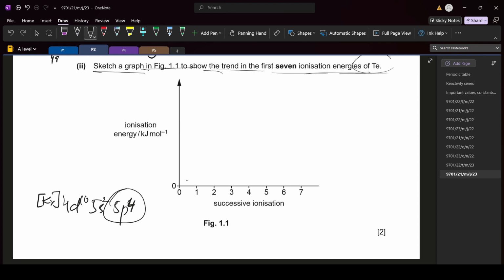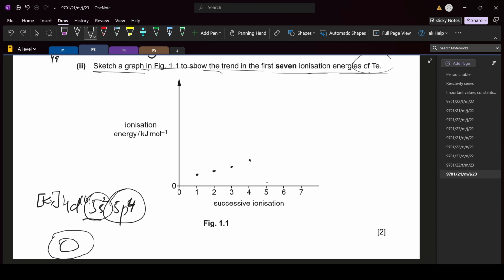Let's say this is the first ionization energy. Then you have second, third, and fourth. Then the fifth electron will be removed from the 5s orbital, and this s orbital is lower in energy than the p orbital.